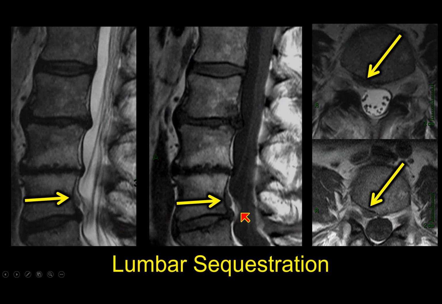So we can think about that sequestration becoming more desiccated over time as it becomes less watery. So the signal intensity may be a little bit different than the disk, but you can imagine how this may have been migration of this disk material that lost its continuity with the disk and therefore became a sequestration.